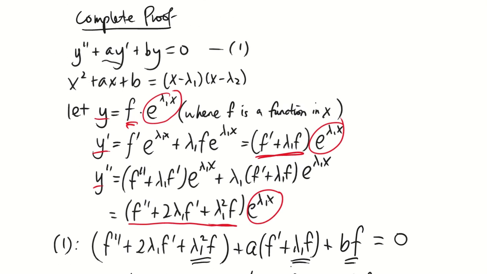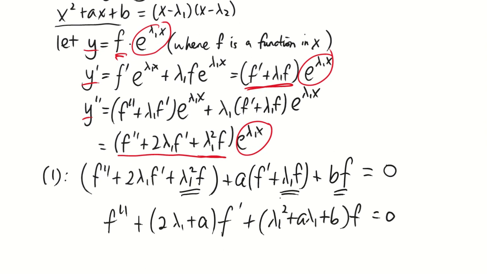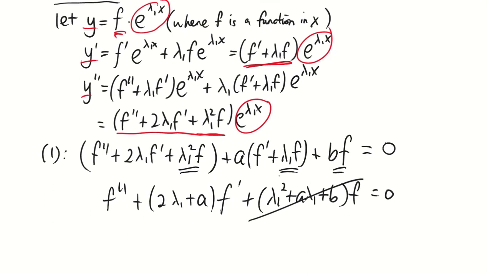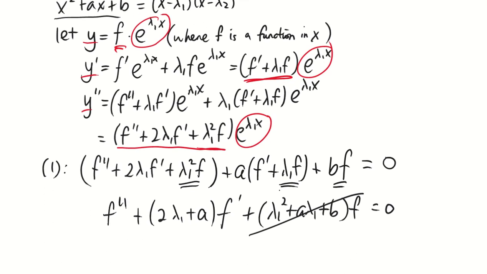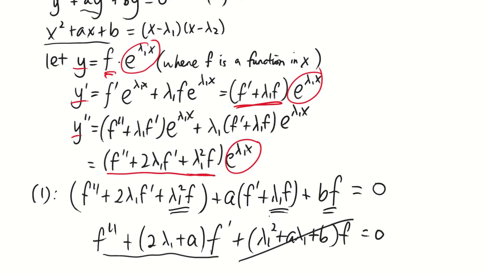And recall that lambda 1 is a root of this characteristic polynomial, and so this thing is 0, right? Okay, now we're just left with these two terms, which is an immense simplification, right?